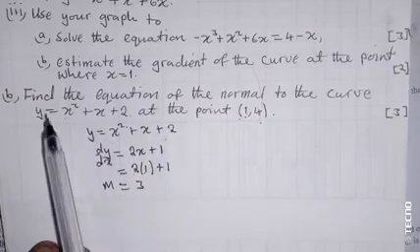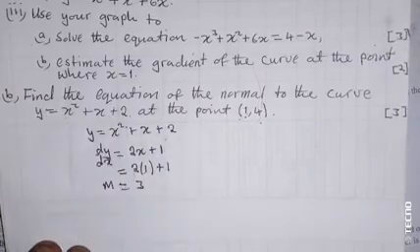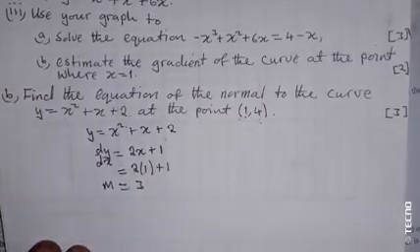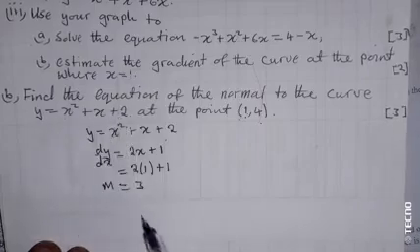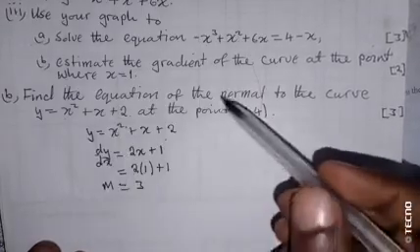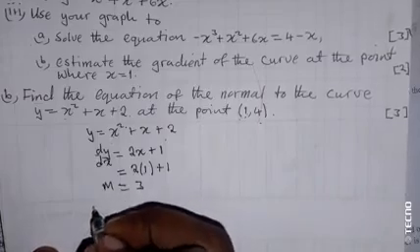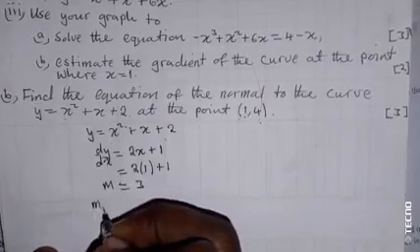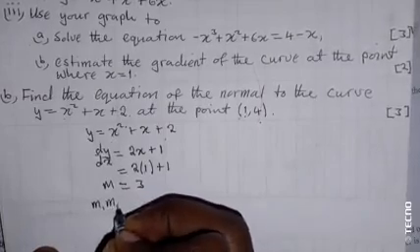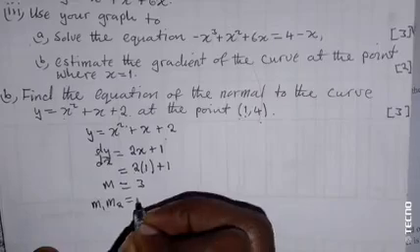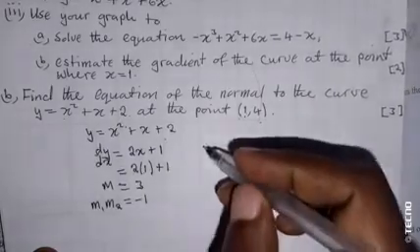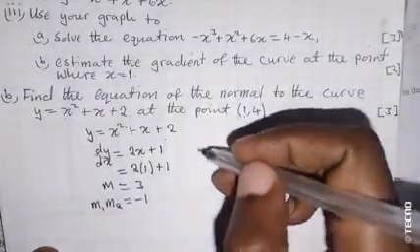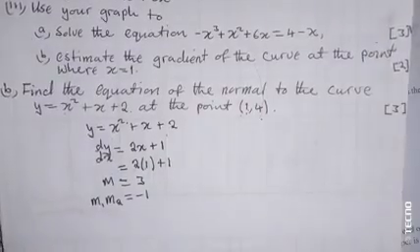So now the question is find the equation of the normal to the curve. So this is the curve. What they want is the equation of the normal. For the normal, we say m1 times m2 should give us -1, which means it is making an angle of 90 degrees.